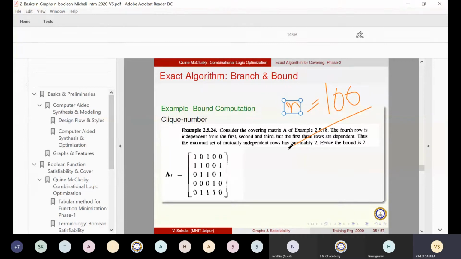So for such a large input function, phase 1 and phase 2 of Quine-McCluskey: phase 1 somehow you can do with long pages, so many pages. But phase 2 is not possible.